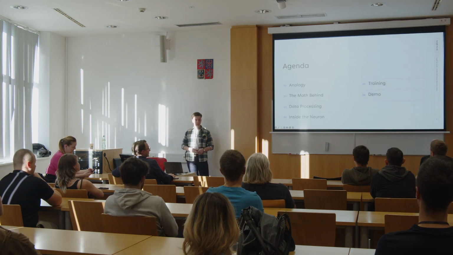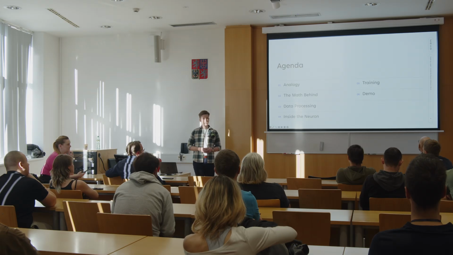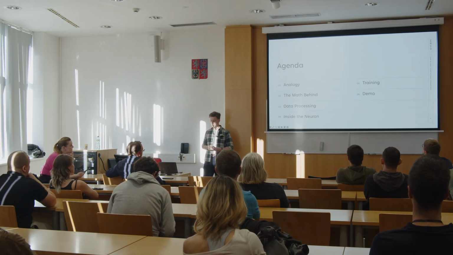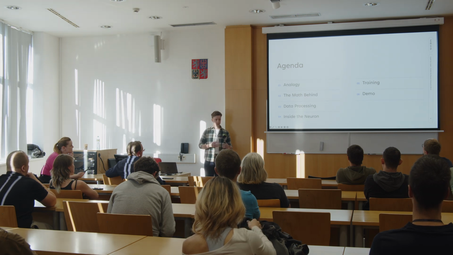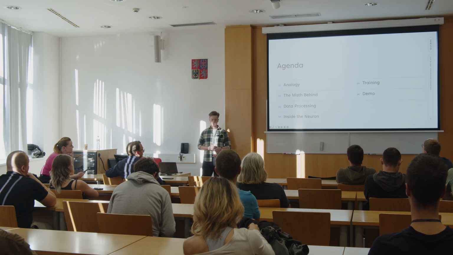All right, so now let's go straight into the topic itself. We're going to start with some analogy, where the inspiration for artificial neural networks actually came from. We're going to look into the math behind the mathematical model itself. Also, we're going to mention which kind of data we can use to feed the neural networks, and in general, how to shape the data in order to get some sensible, useful output from them.